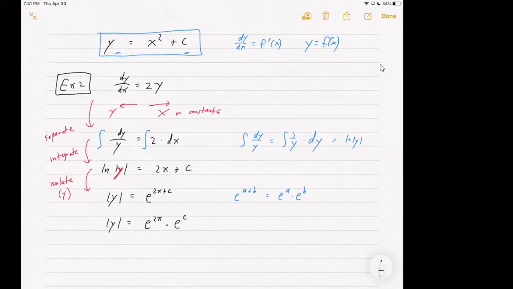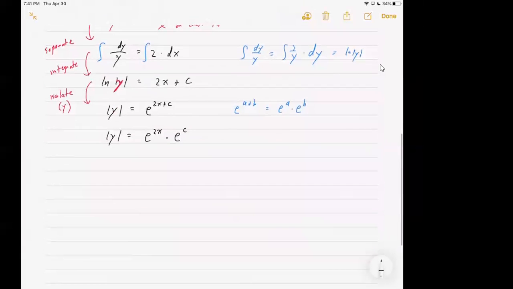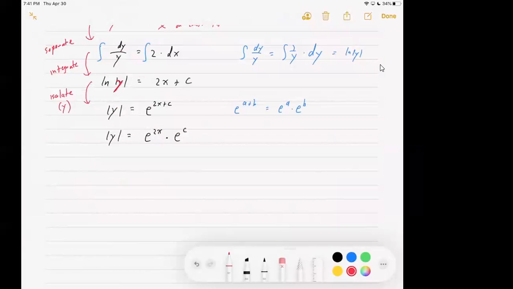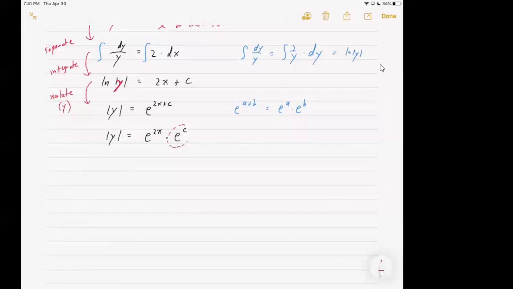Okay. Now let's remind ourselves that e to the c is an unknown constant.